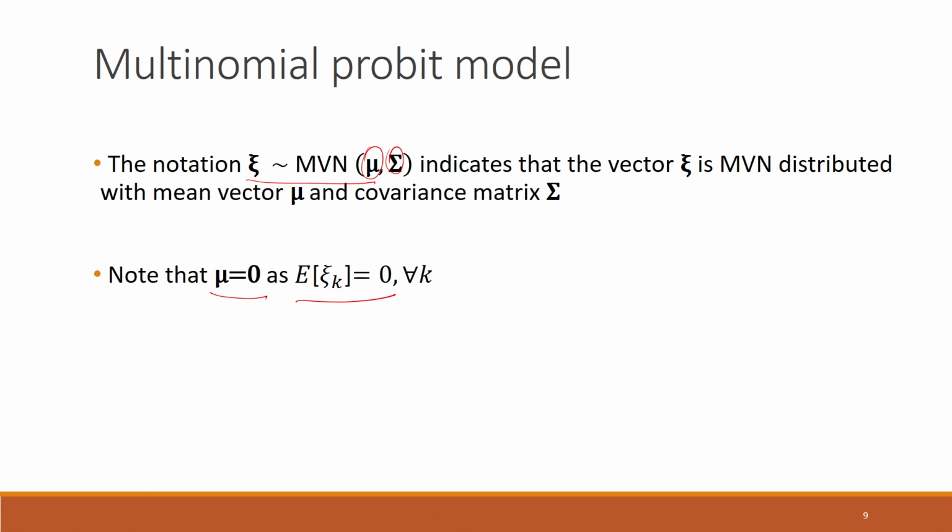So, what it means is that suppose if there are only two alternatives, and suppose we plot this bivariate normal distribution of the two error terms, then what you will be seeing is that the origin of this graph, 0 comma 0, will denote the mean of this joint distribution of two variables.